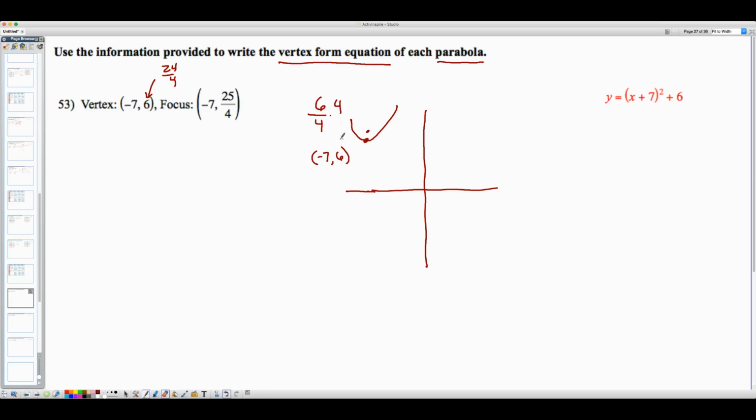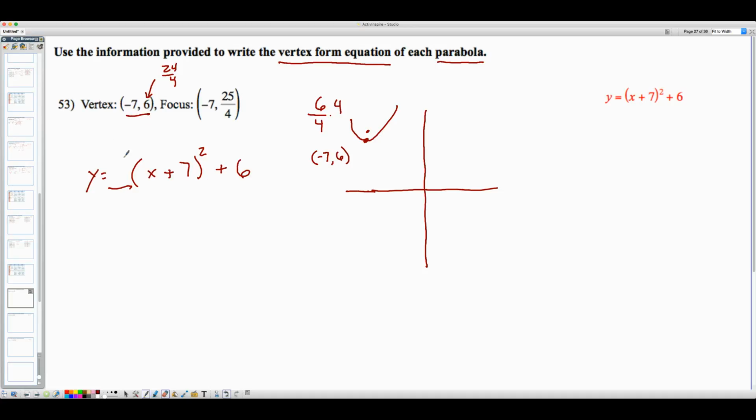I know that y equals, and it's going to be my x minus the h value, which is a minus a negative 7, which is plus 7, squared, plus the k value, h and k.